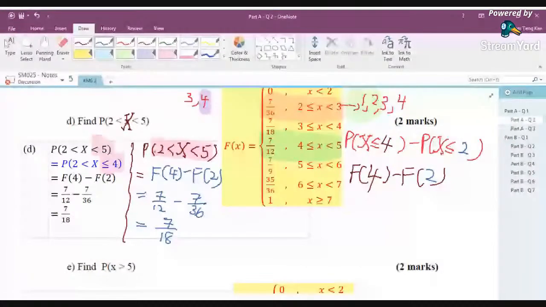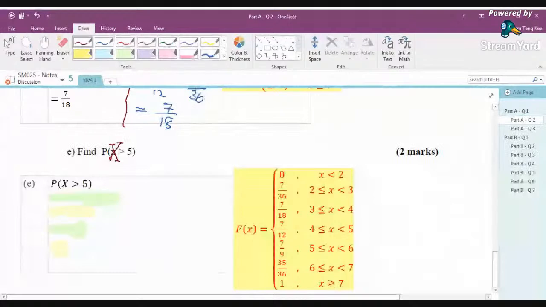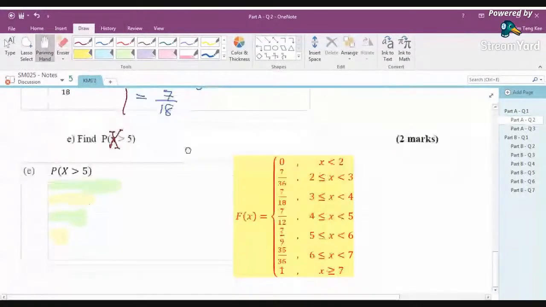Next, E. In this case, again, there is a typing error. It should be capital X here, not small letter x. So how to get this answer here? Again, you can make use of your probability function, or you can make use of your cumulative. And in this case, I want to make use of my cumulative.